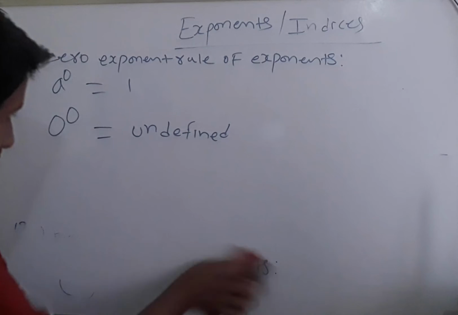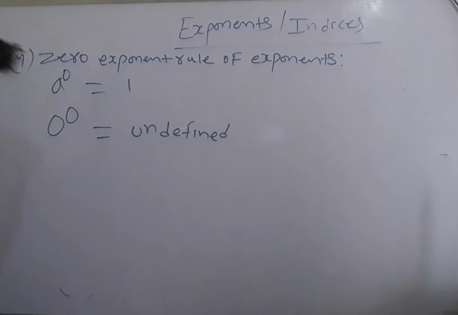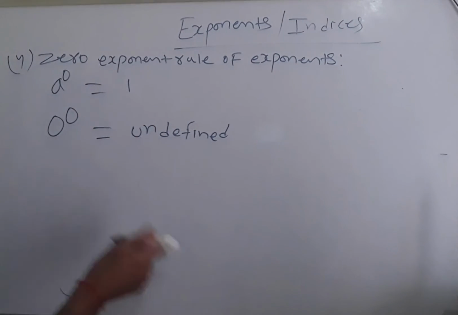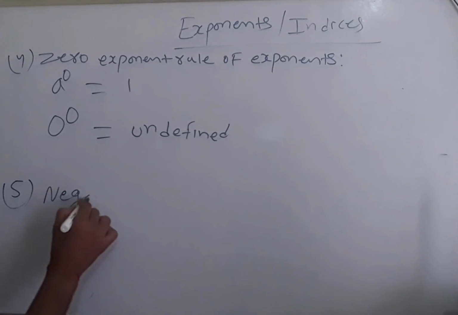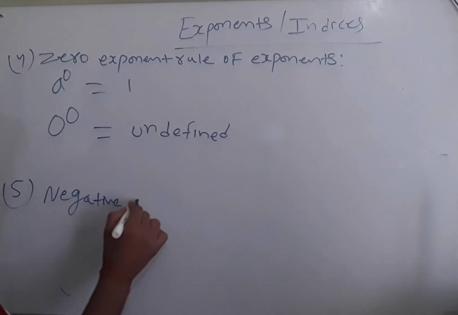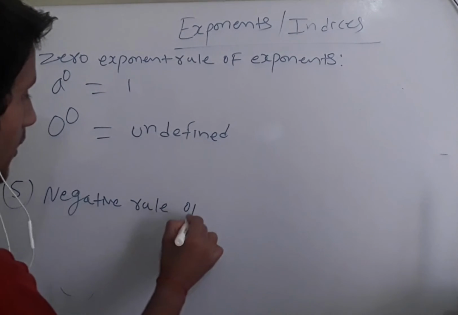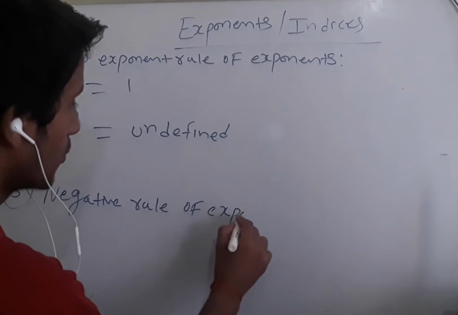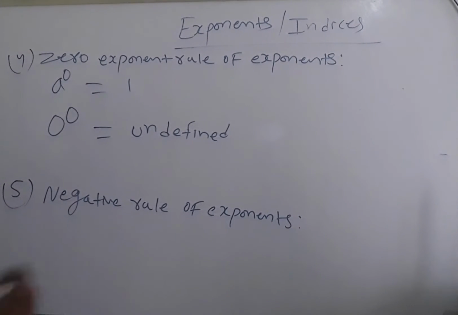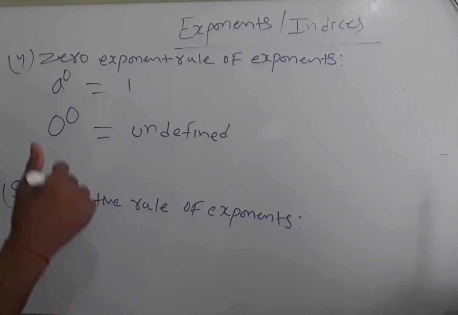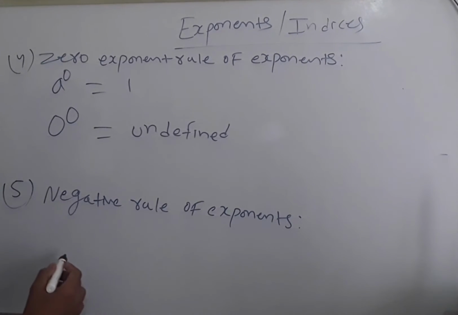Let's write this down here. Negative rule, this is the fifth one. Negative rule of exponents. And what does this mean? The negative rule of exponents means that the exponent is going to be negative.